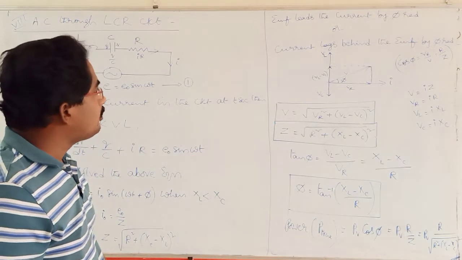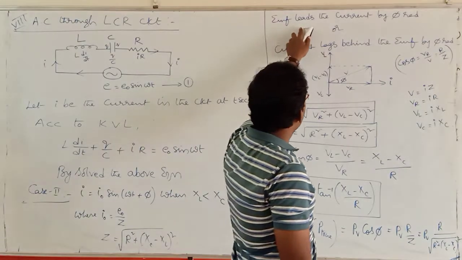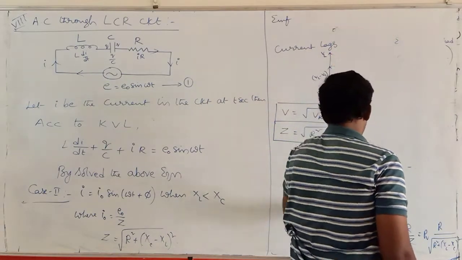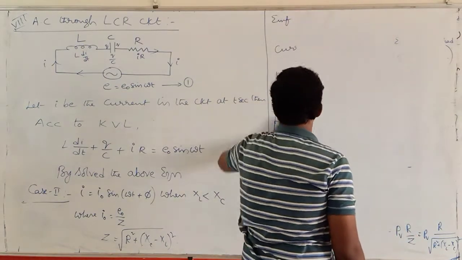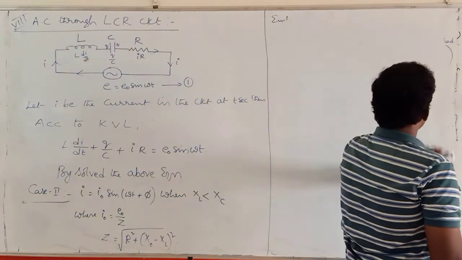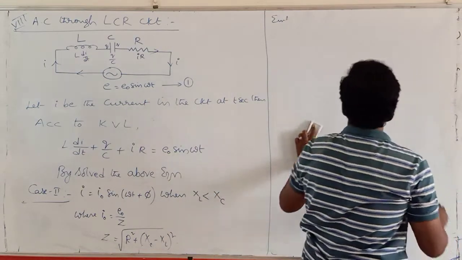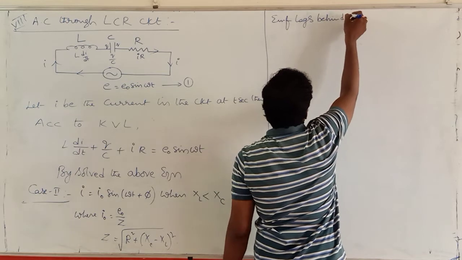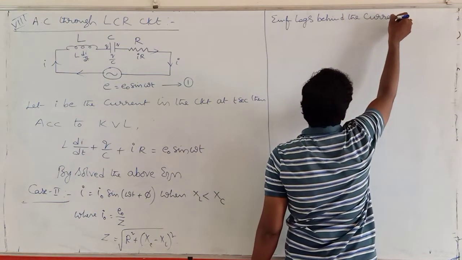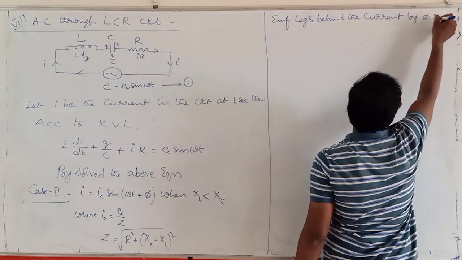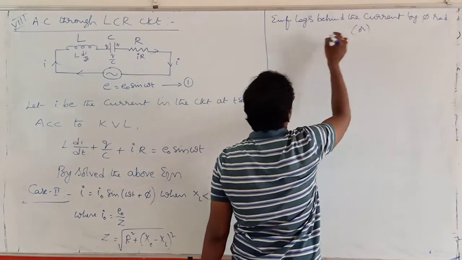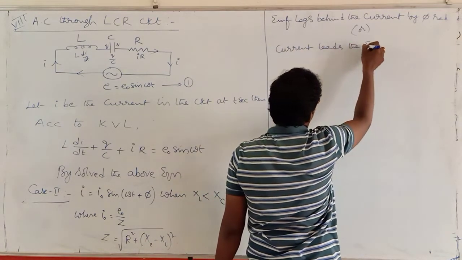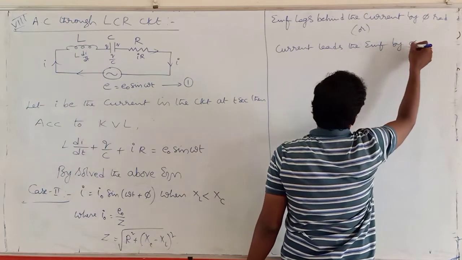And after that, what about the conclusion here? EMF lags behind the current by phi radians, or current leads the EMF by phi radians.